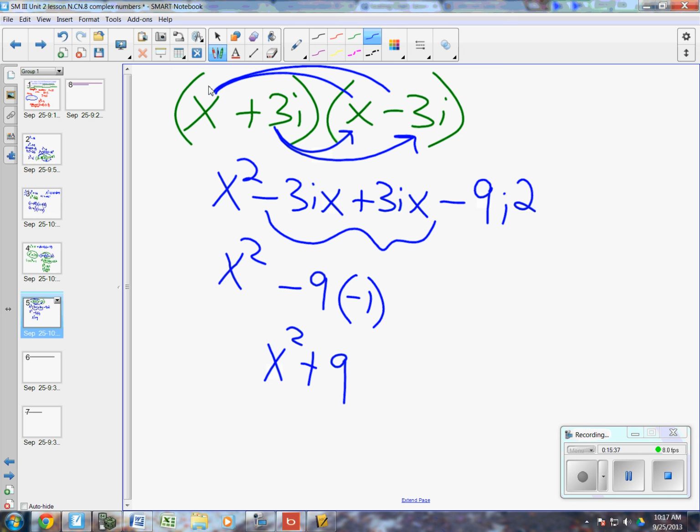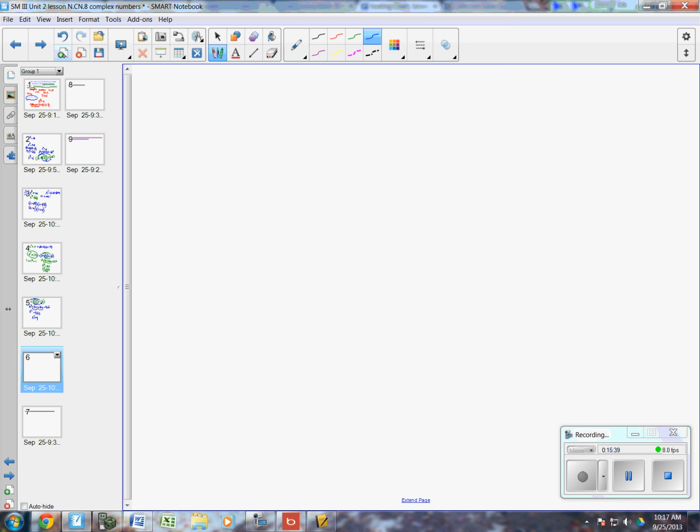Now, we're going to move on to solving equations. We've been factoring. We're going to use that factoring to solve equations now. Okay? So let's say I wanted to solve this equation right here. Okay, now we just talked about this a second ago.